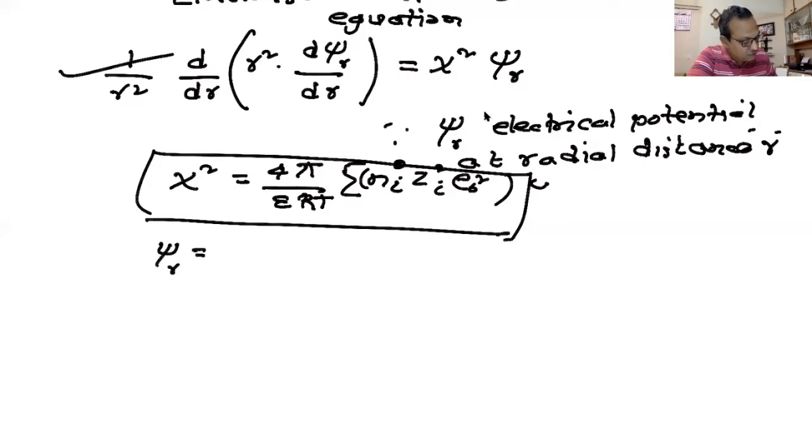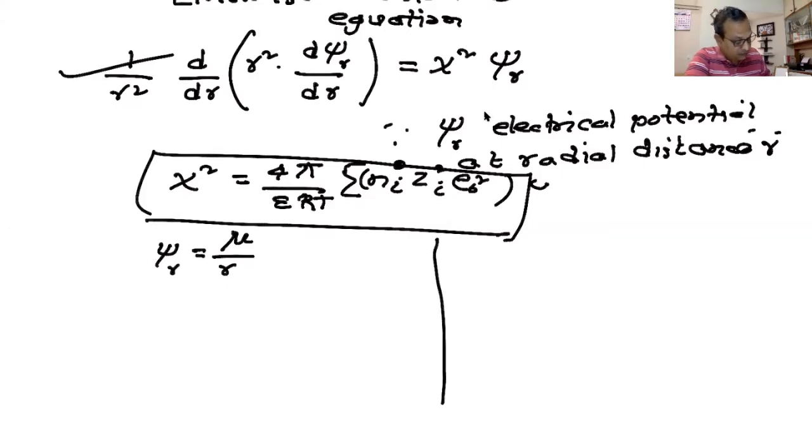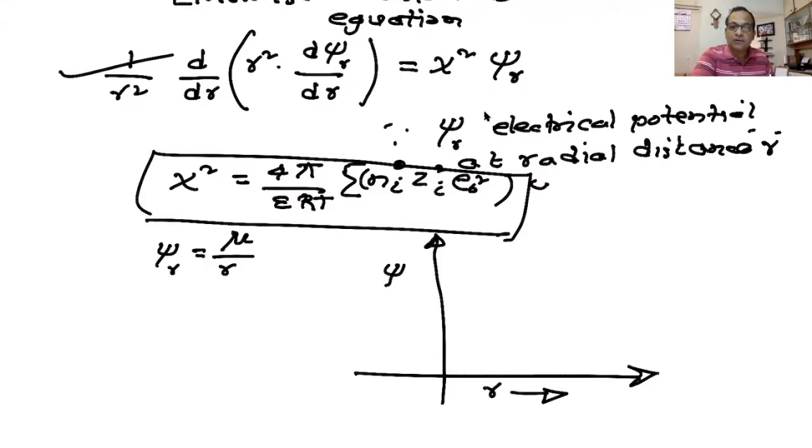Psi r is equal to mu upon r. Okay, so I'm defining a new variable now, and it's a very logical one to assume, because I know that my electrical potential, when I go away from the ion, is going to fade.